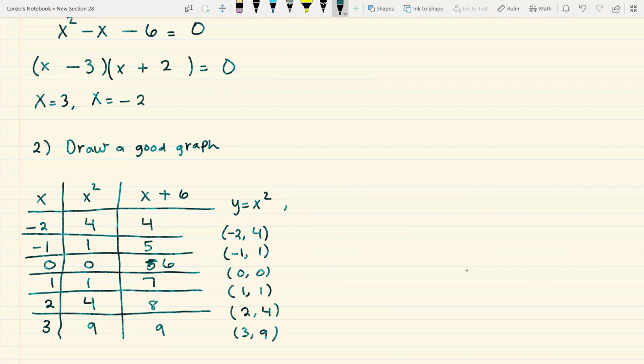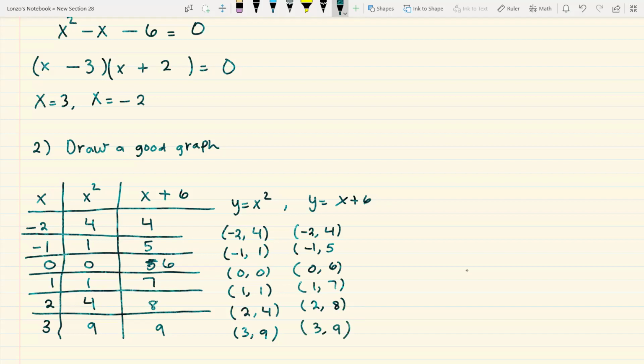The second function is a linear line, y equals x plus 6, and your coordinates are going to be -2, 4, -1, 5, 0, 6, 1, 7, 2, 8, and 3, 9. So you just plot these points if you like, and you'll get your two graphs. Then we'll determine if it is better to take it with respect to x or with respect to y.